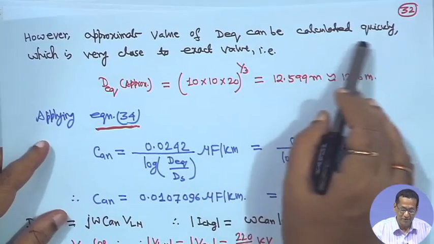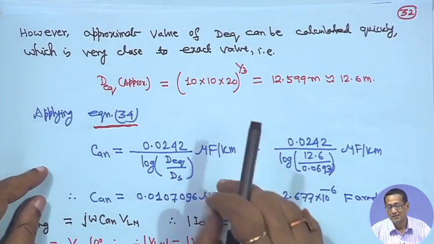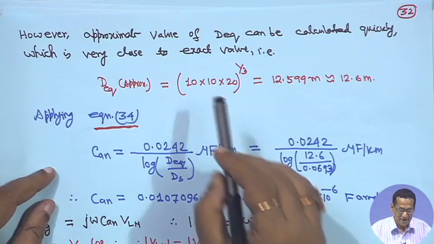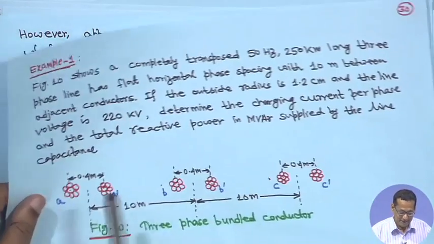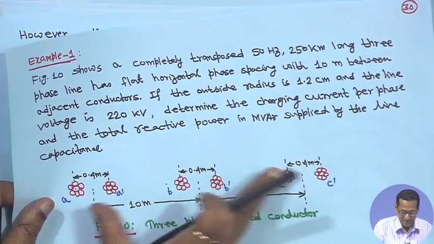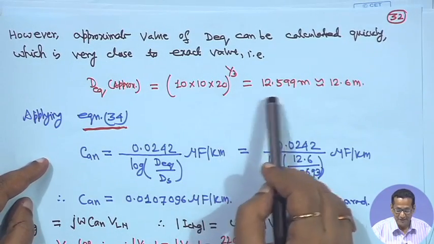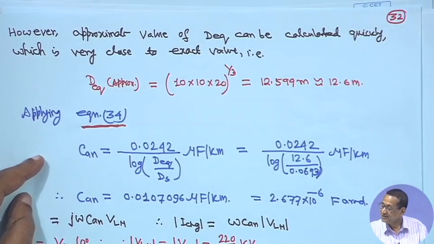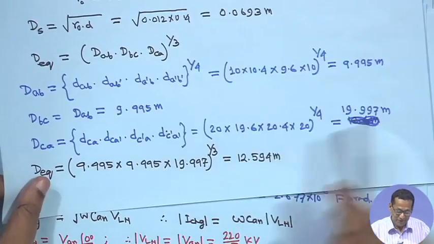But approximate values for Deq can be calculated quickly, which is very close to the exact value. If we neglect all these small corrections, instead of subtracting this 0.4 and that, if you look at the diagram, this is 10 and between these two is 20. Then 10 into 10 into 20 to the power 1/3 is equal to 12.599 meter, and the exact one we got is 12.594.